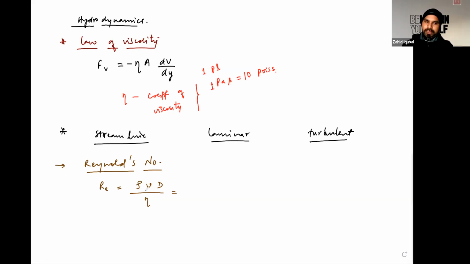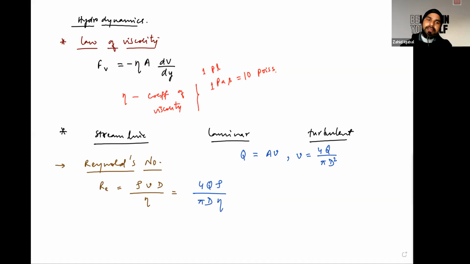We may transform this relation into another form in relation with Q, which is called the rate of flow of liquid, which is also equal to area of cross section times velocity. So you may substitute velocity as Q divided by the area of cross section, which is pi d square by 4. So this expression will become 4 times Q rho divided by pi d times eta.